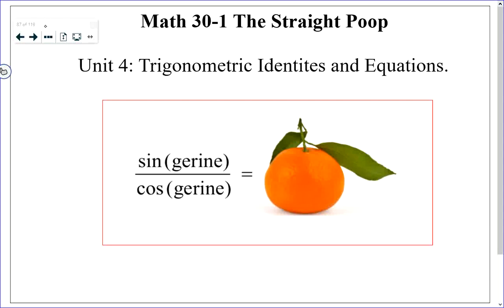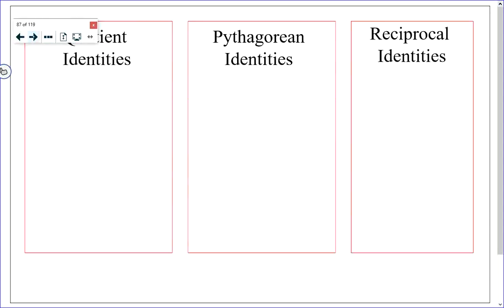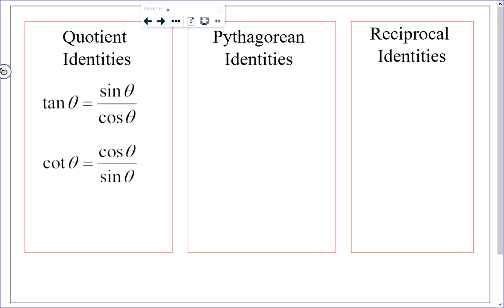This is going to go pretty quick. Even though it's very challenging, we learned in this unit that there are all these identities. There are what are called the quotient identities. An identity is a statement that's always true for all values of the variable that are allowed. So for any value of theta that's allowed, sine of theta over cos of theta will always give tan of theta.